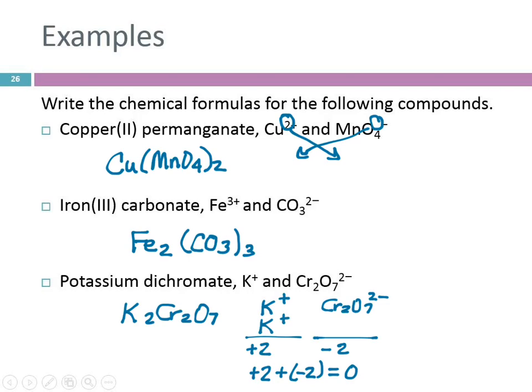That will always happen for a compound. It combines in a way that the charges add up to 0. So I don't need to put the charges in here. That would clutter things up and make it look really messy, for one thing. But we understand what the charges are, and so they also don't need to be put in for that reason. Does that help?